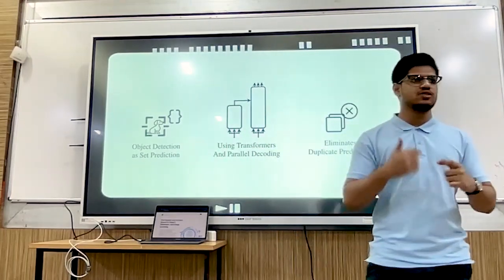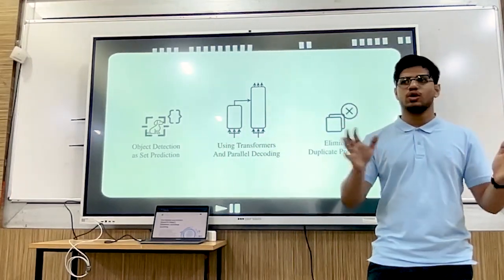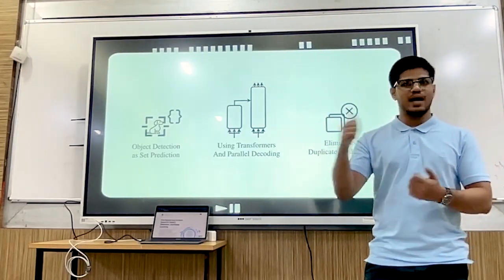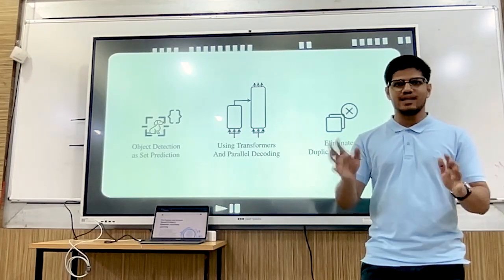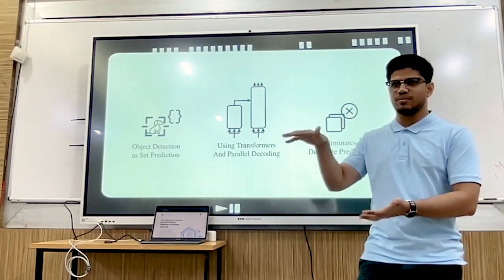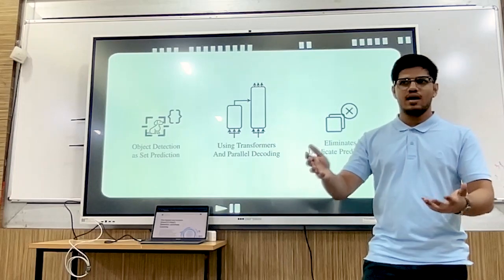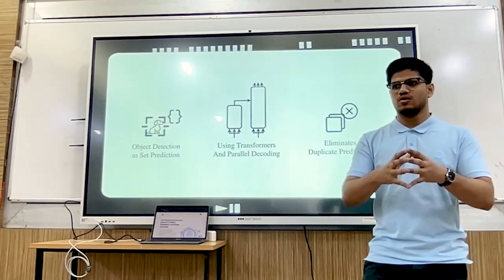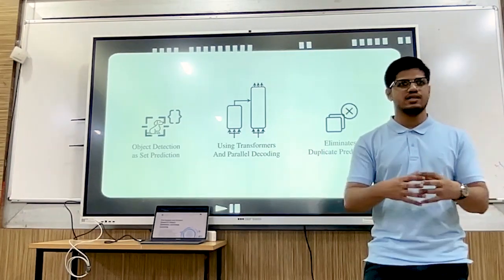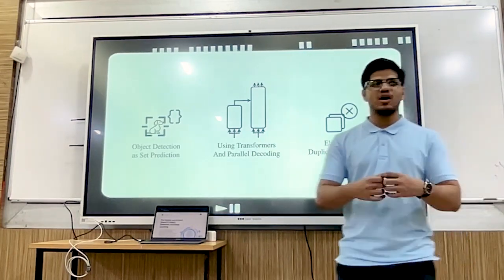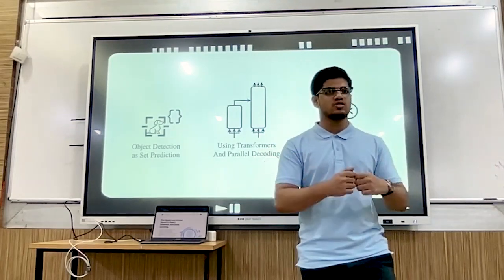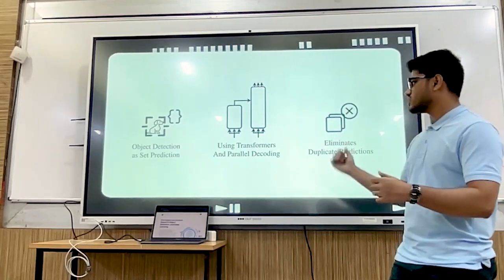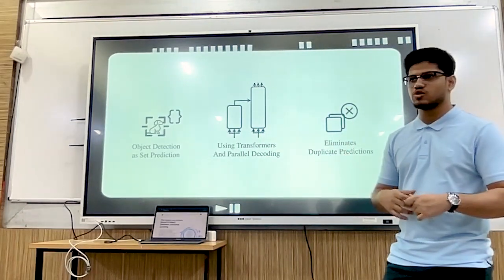But more than that, it is throwing you duplicates. It is showing you a duplicate box and saying, I don't know, there might be an image here, you tell me, but I think the class probability of an object being here is less than 10%. And we don't want that. We want our models to be as accurate as possible, as well behaved as possible, and we want the predictions to be as close to 90 as possible. Okay, best case scenario. So what DETR achieves as a result of all of this is that it eliminates duplicate predictions.